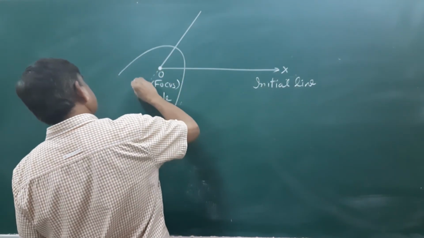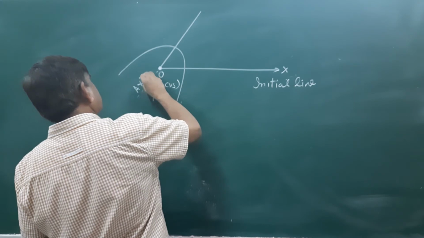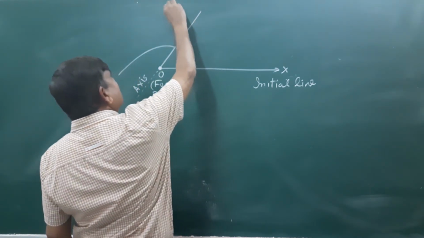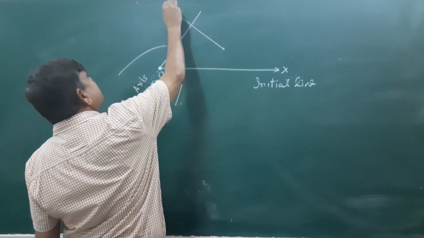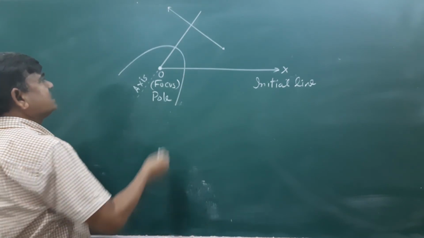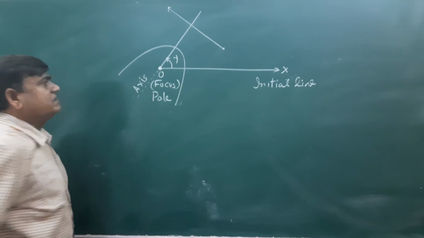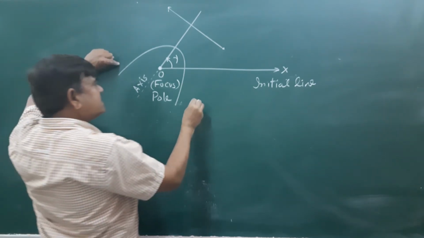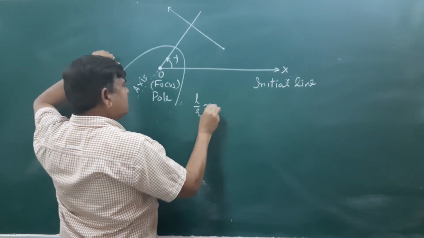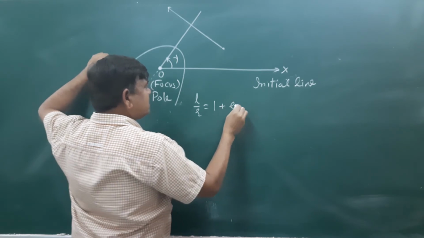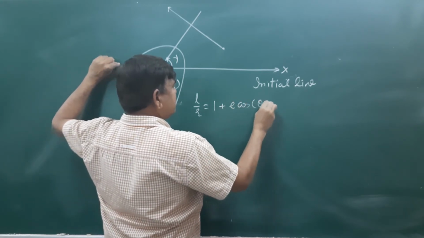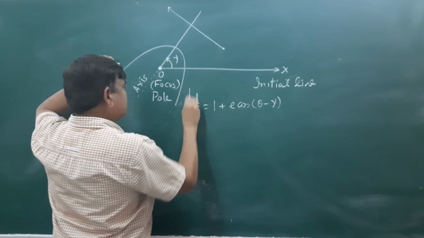This line is the axis. This angle is gamma. What's the equation of this? L upon R equals 1 plus E cos theta minus gamma.